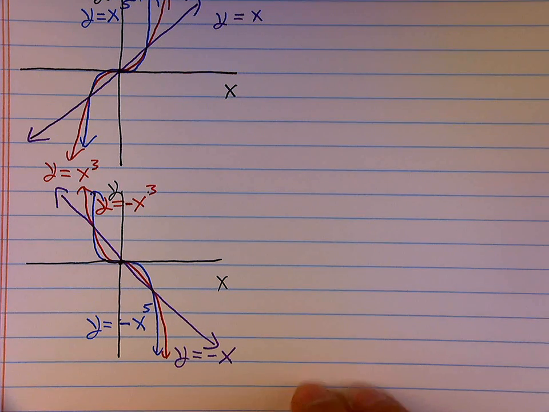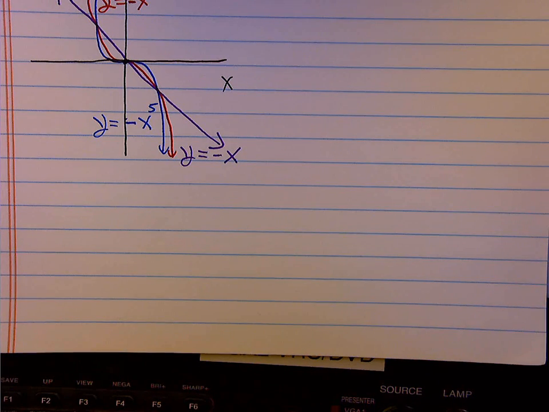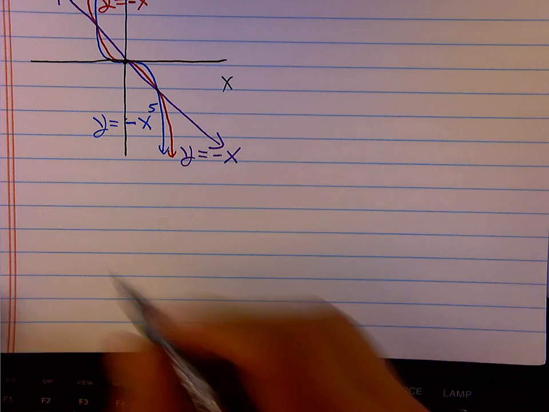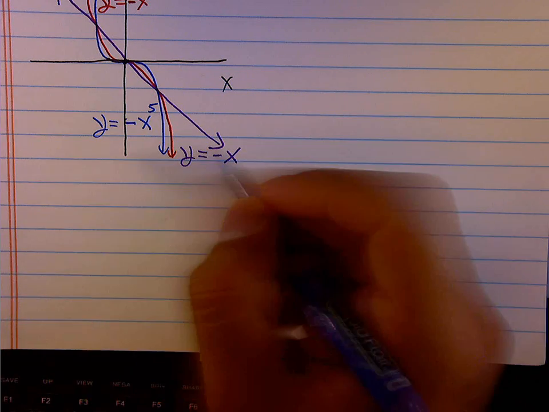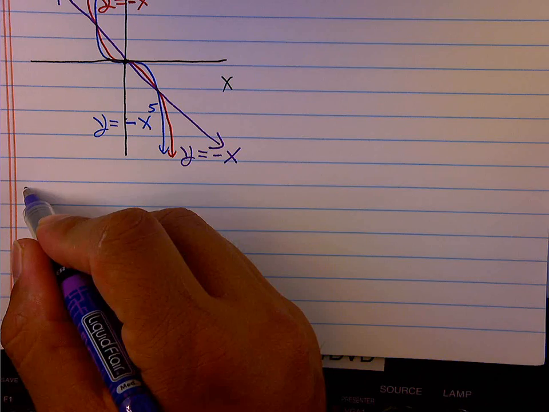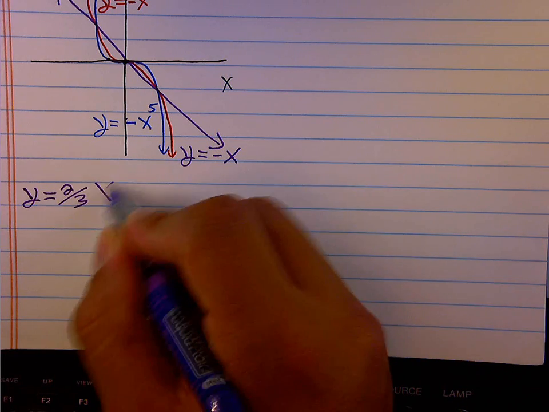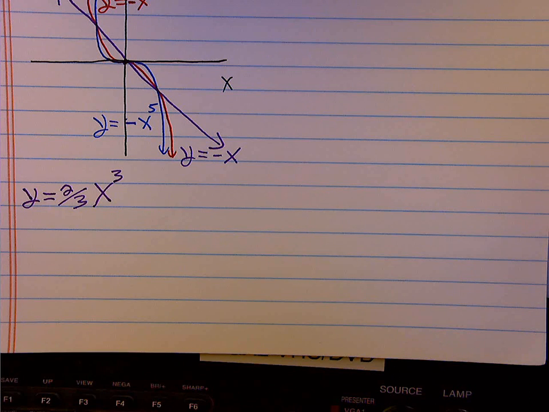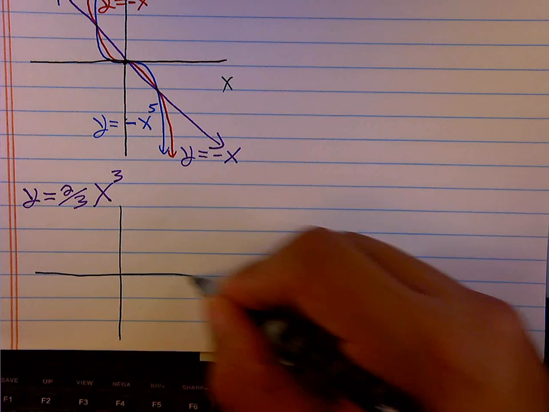So, if I asked you to make a rough graph, just a quick rough graph of something that looked like this. Then, here is what you would know. It is an odd power function, yes?